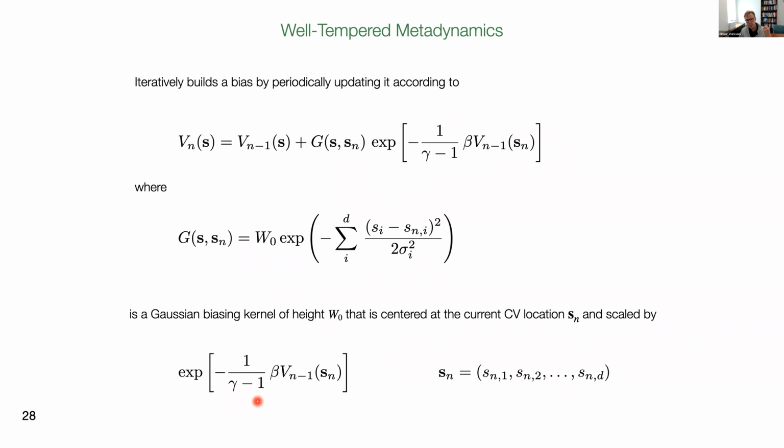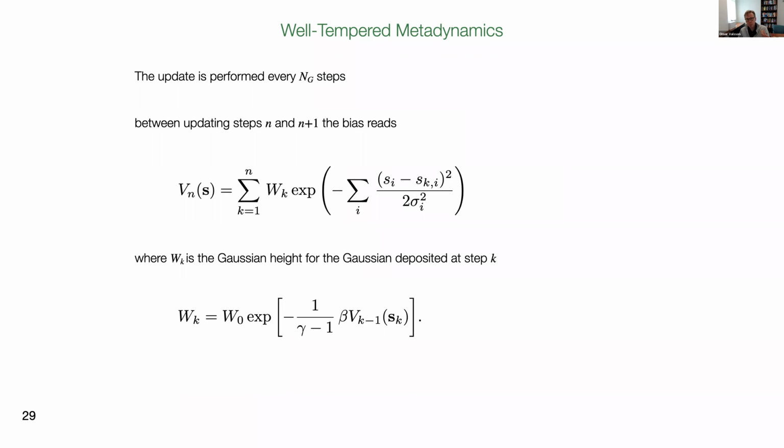And in meta-dynamics, this gamma factor is called the biasing factor. This biasing factor determines how much we enhance fluctuations. So basically, to recapitulate, periodically we add this Gaussian and we scale the height of the Gaussian with this factor here. And we always do that at the current location that we are at.